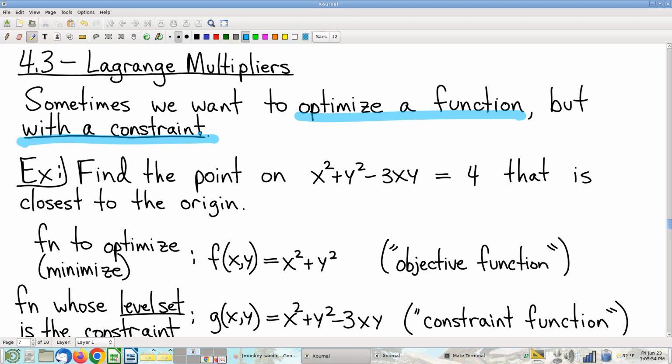So the question will not be, where is this function as big as possible? The question will be, given that I'm only allowed to look at certain points satisfying a certain constraint, among points on the constraint, where is the function as big as possible? And this is a significantly more challenging question.